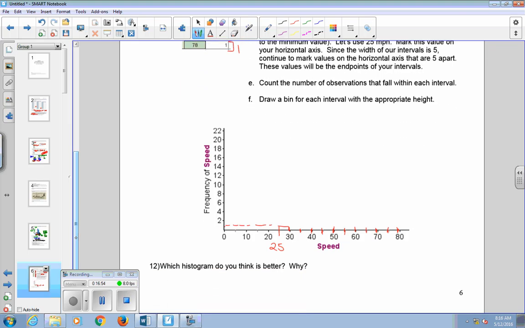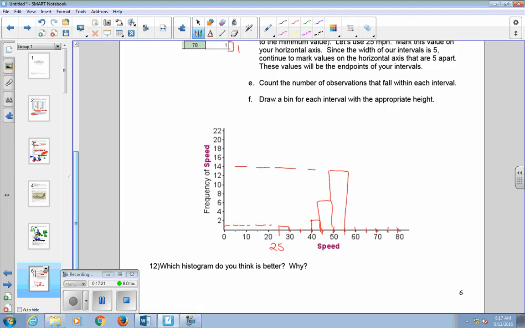We're going to see that our next bar from 40 to 45 has a height of 2. Okay, and then from 45 to 50, we're going to have a height of 6. And then we need a height of 14 for our next bin. That's roughly here.